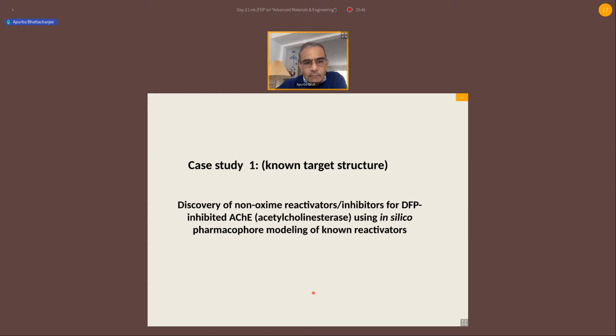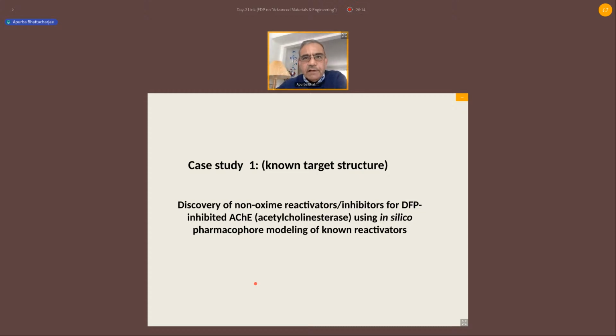The first one is the discovery of non-oxime reactivators for DFP. DFP is diisopropyl fluorophosphate. This is an organophosphorus compound, which I don't know whether you are familiar with. Organophosphorus compounds are very well-known poisoning agents and usually used in warfare.